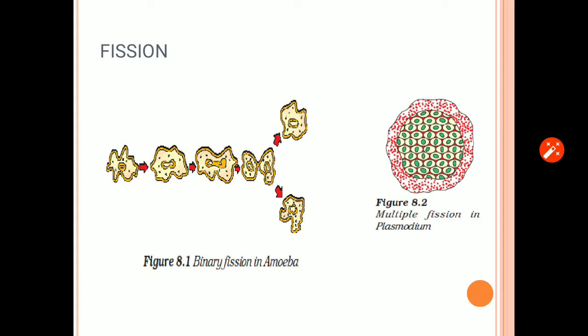The cytoplasm as well as the genetic material or the nucleus simultaneously constricts, and finally the constriction reaches the middle point and the two daughter cells get separated from the single parental cell. This is called binary fission.